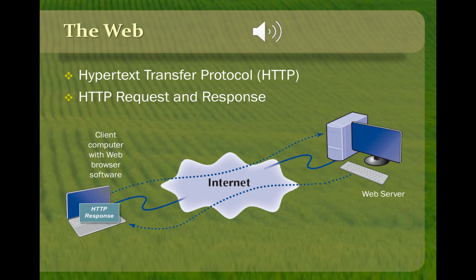The client is always going to send a request, and the server should send the response. We have already seen the HTTP request and the HTTP response in the slide from Chapter 1. Keep in mind, this is a protocol used at the application layer.